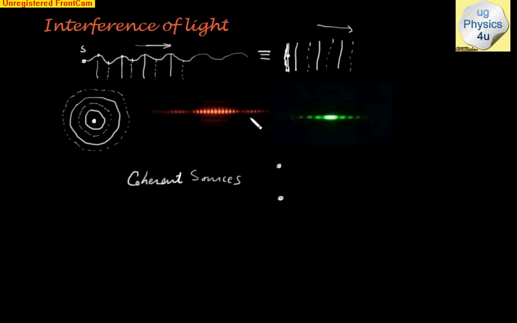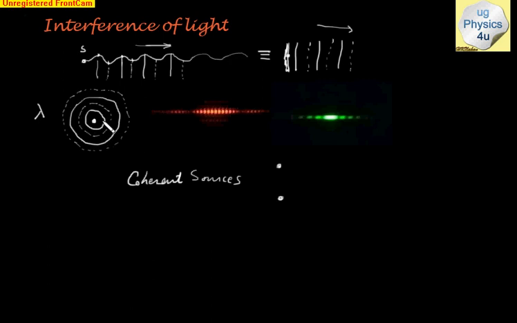And such patterns are visible only when the waves have the same amplitude also. Such coherent sources can be obtained by using a light source, but this light source should be monochromatic, which is only one wavelength.